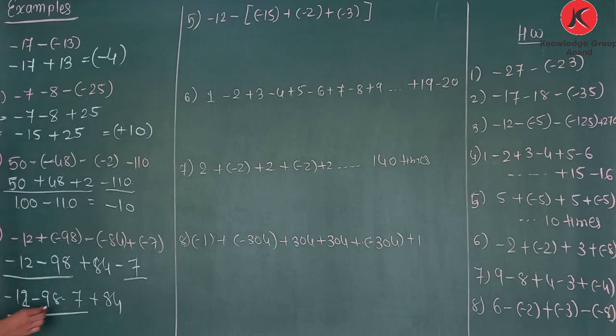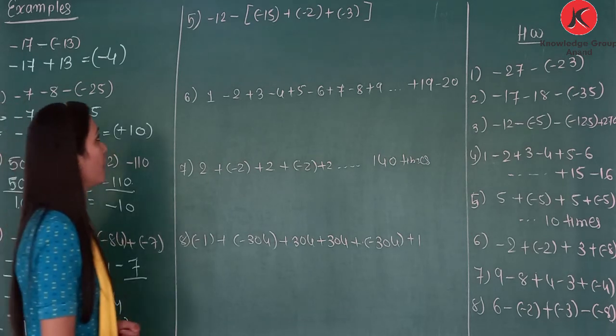Now add these three numbers. So here we get 117, minus plus 84. One negative, one positive, subtract the numbers, 33, but it is negative. So minus 33 will be your answer.